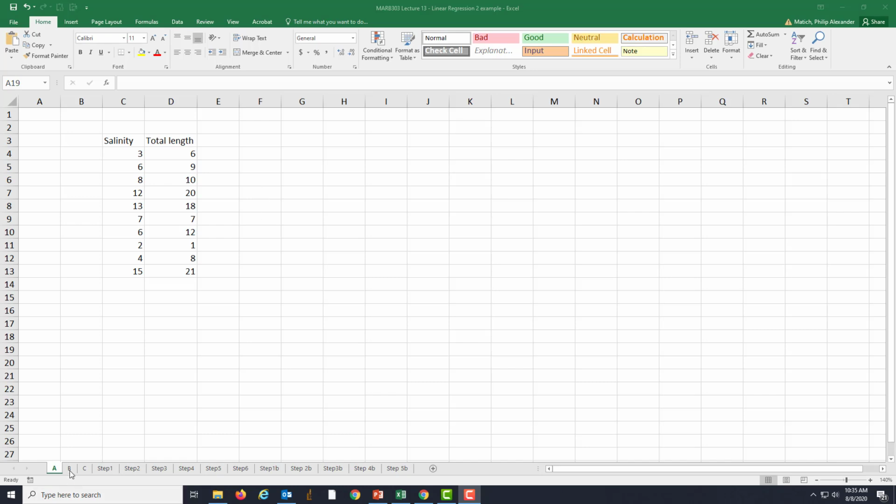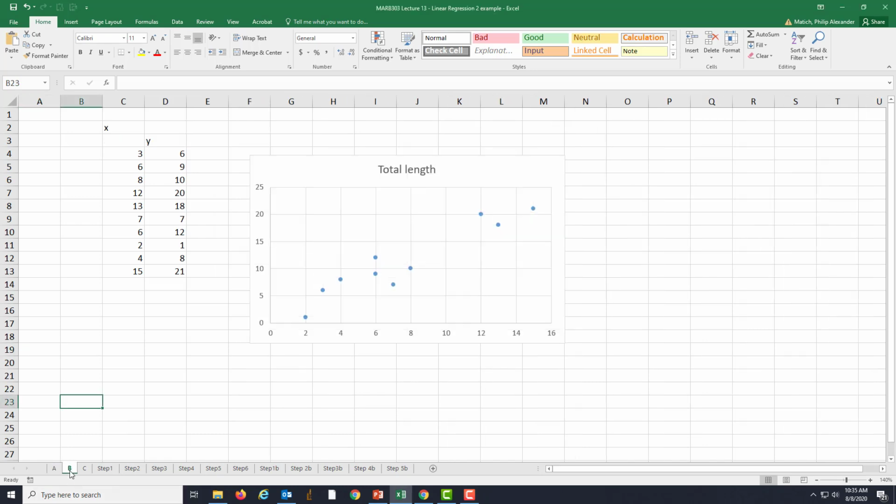And so in good practice, the first thing that we should do is plot our data. And what we see here is it looks like there's a relationship in that as our salinity values increase, as we move from left to right on this plot, we tend to see an increase in the size of our organisms. And in Excel, you can very easily generate the best fit line and get the regression equation.